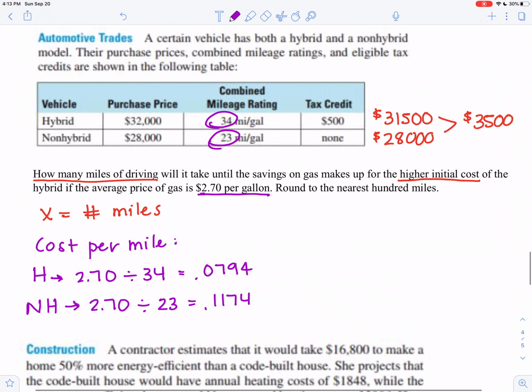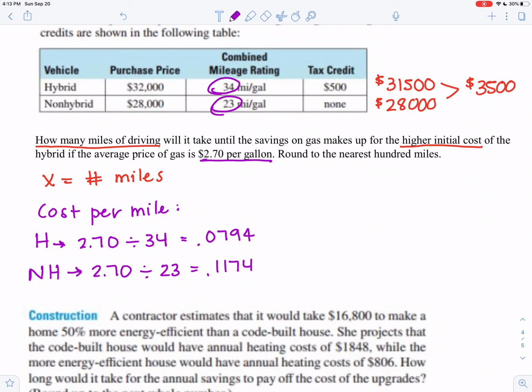All right, now, what I'm trying to do is look at the difference in the cost of driving, which is the cost per mile, and I want that to equal the difference in the initial cost. So my equation is going to look like this. I need to make up for $3,500 in the higher initial cost, and I'm going to do that by taking the cost per mile times x, because x is the number of miles driven.